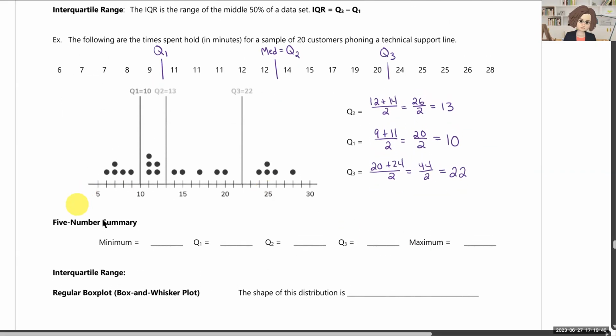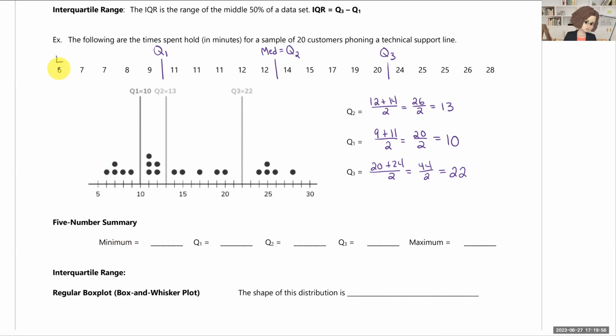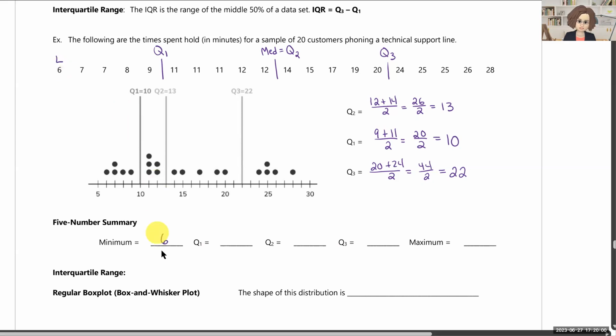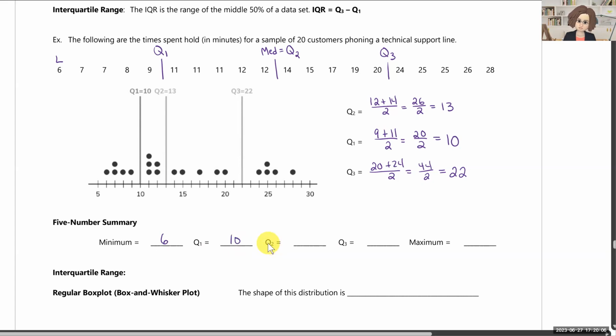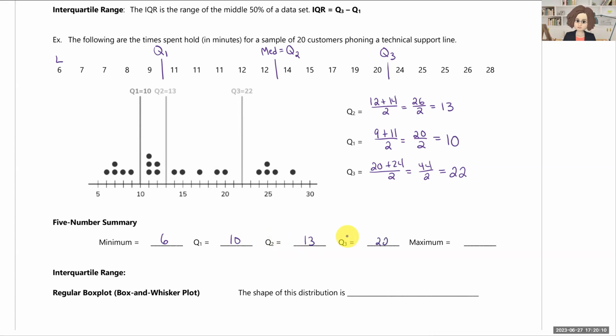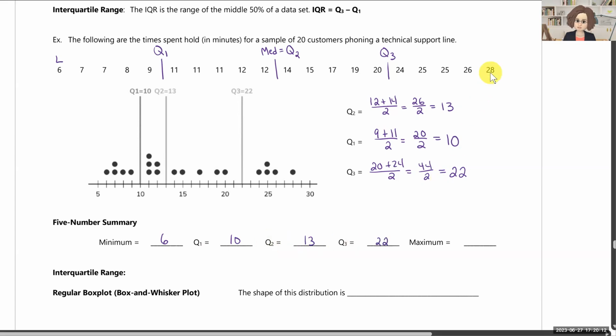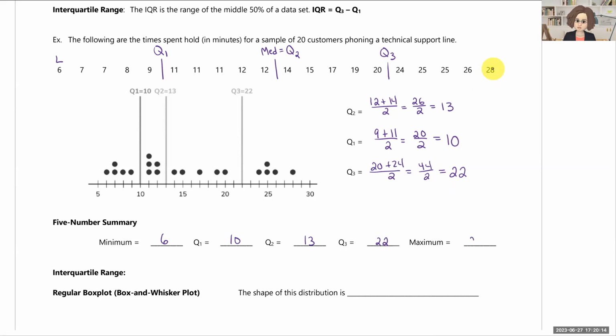The 5-number summary of a data set consists of these 5 values in this order. We start with the minimum, and I'm just going to write L for the lowest. The minimum was 6. So we start with writing the smallest value, and then Q1, 10. Our Q2 was 13. Our Q3 was 22. And our maximum, 28 minutes on hold.